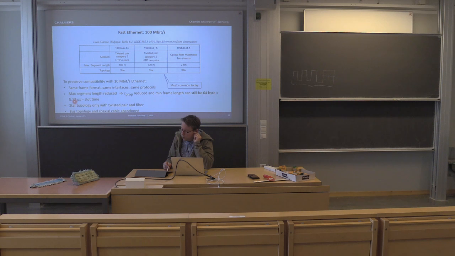No. So we can have this as our slot time, which for 64 bytes is now much shorter than it was before. It was 51.2 microseconds when we had 10 megabits. It's a factor of 10 less when we have 100 megabits. Right? You get more bits per time unit. But this is still okay, since we have now reduced the propagation delay over the medium. So collision detection will still work.